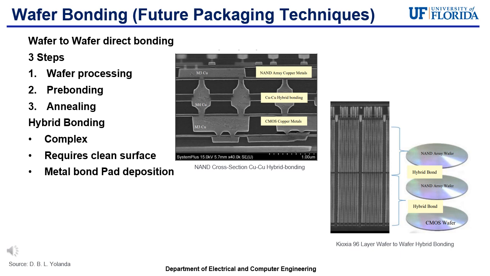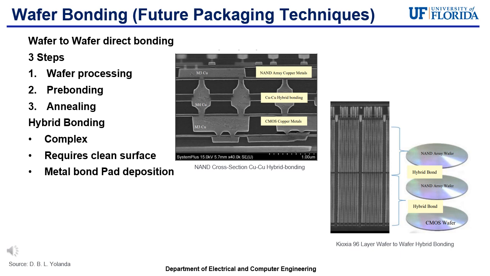The bonding process is divided into three main steps, which are wafer processing, pre-bonding, and annealing. Processing the wafer requires the surface of the wafer to be clean, flat, and smooth to prevent defects such as voids or internal bubbles. In pre-bonding, satisfactory electrical contact between the soon-to-be combined wafers is achieved with precise alignment and accuracy.